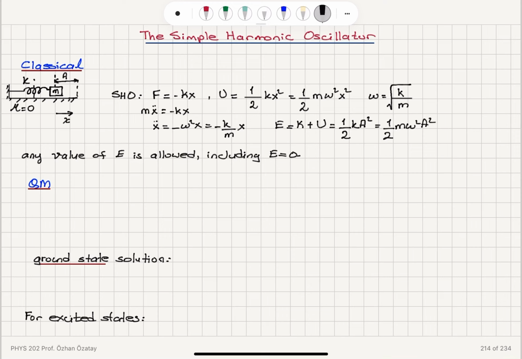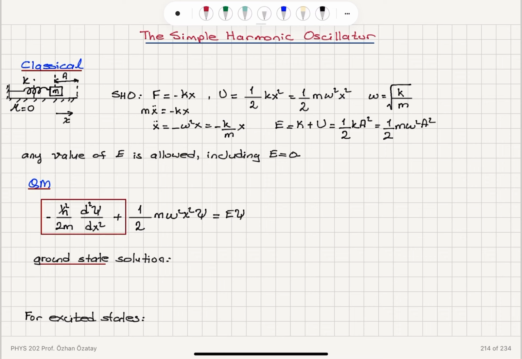We have the one-dimensional time-independent Schrödinger equation: minus h bar squared divided by 2m times the second derivative of the wave function with respect to position, d squared by dx squared, plus the potential energy, 1/2 m omega squared x squared, times the wave function psi, is equal to energy times psi.